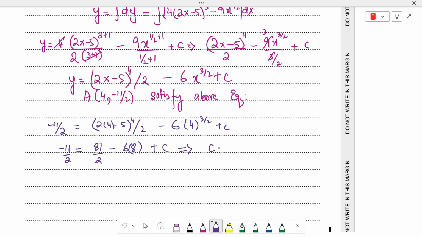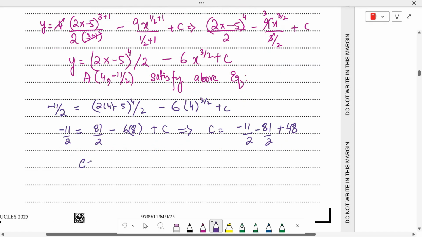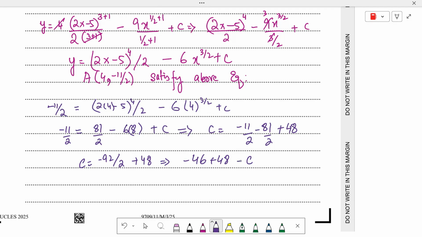So c is equal to negative 11 over 2 minus 81 over 2 plus 48, and c will be equal to negative 92 over 2 plus 48, which is negative 46 plus 48, so c is equal to 2.